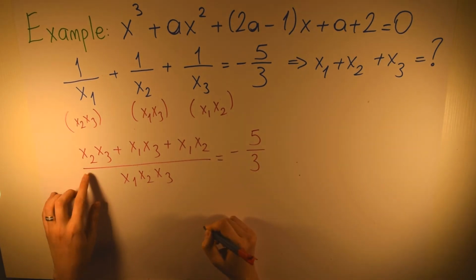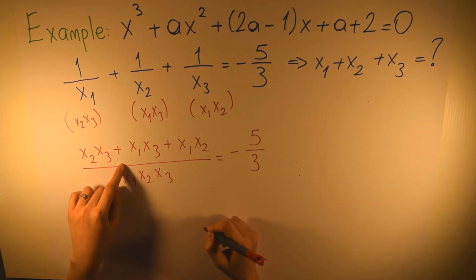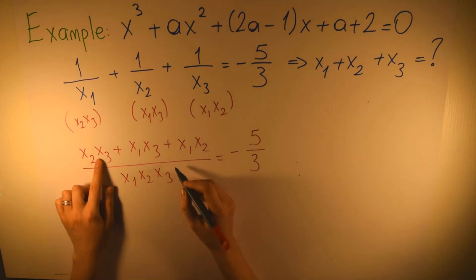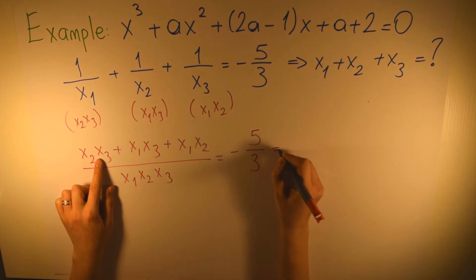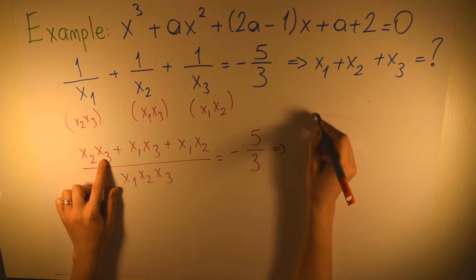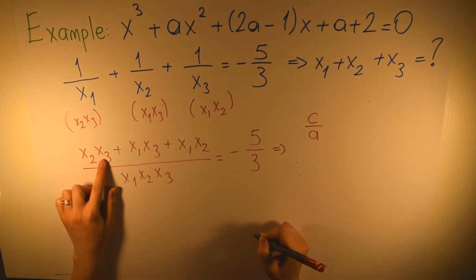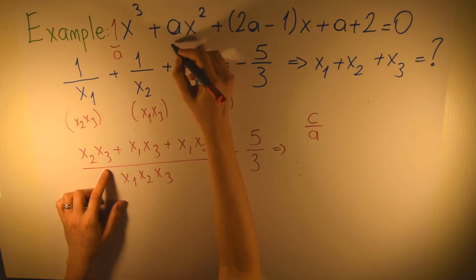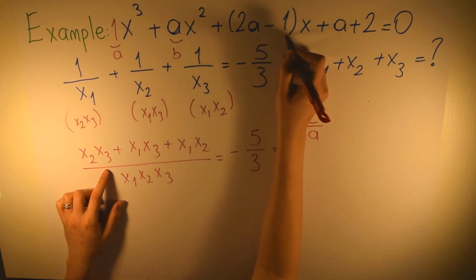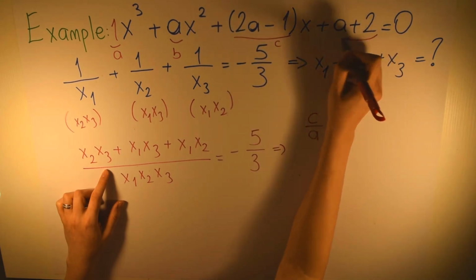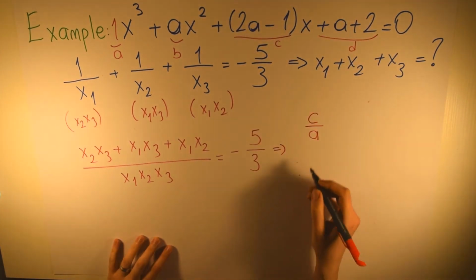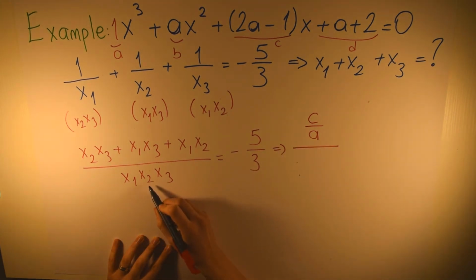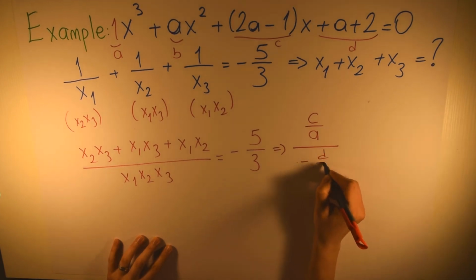For this expression I know the formula, and also for this expression I know the formula, right? What was our formula? It is c over a. So in our question, this is 1, this is our a, this is our b, this is our c, and this is our d, right? So c over a, divided by, for this expression, our formula is minus d over a.